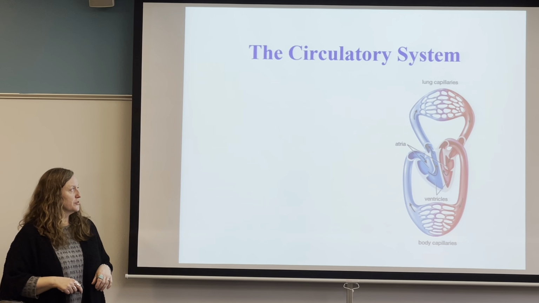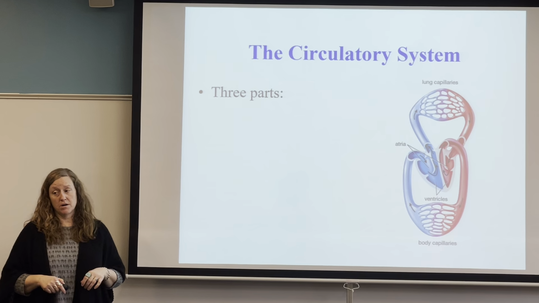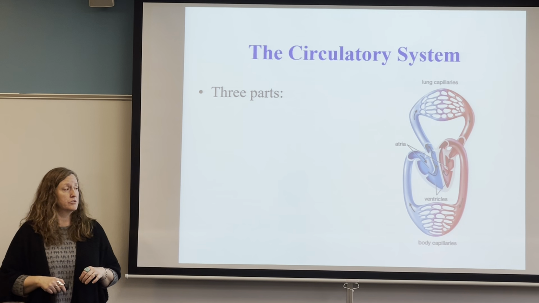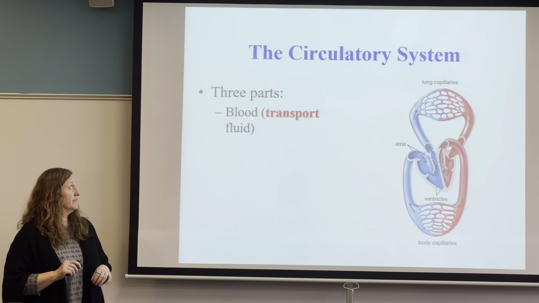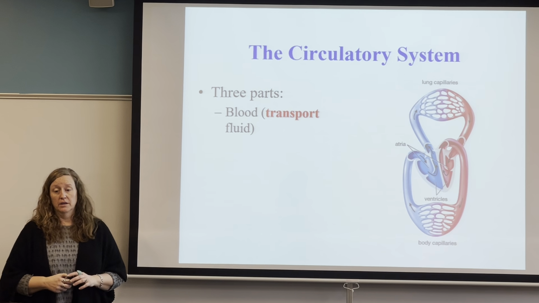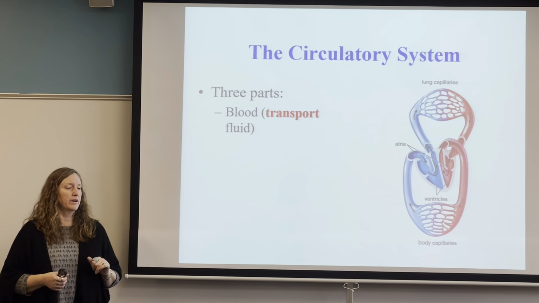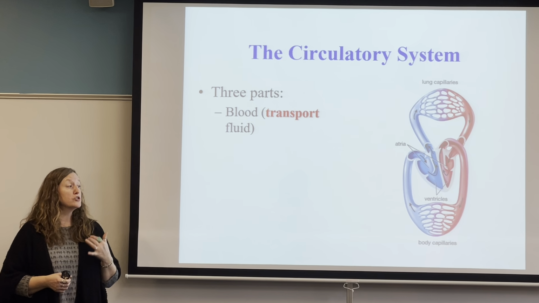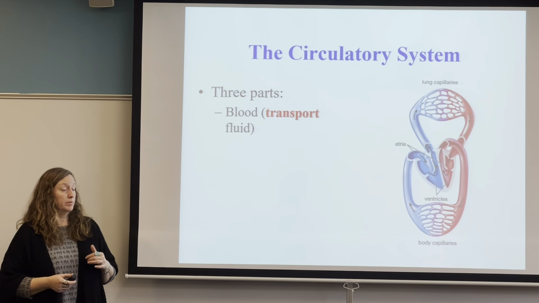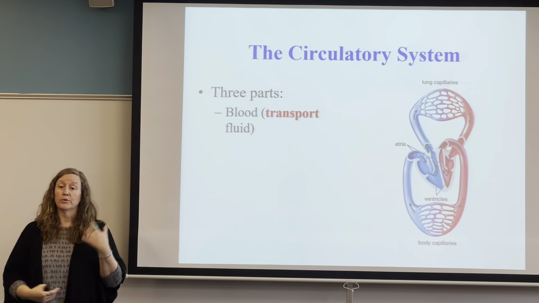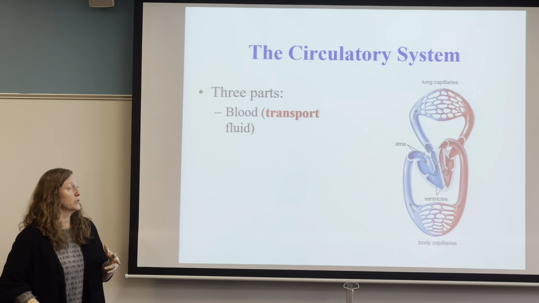So our circulatory system is very complex. In general, circulatory systems have some kind of fluid; specifically ours has blood, which is the fluid by which all of this important stuff gets transported around.